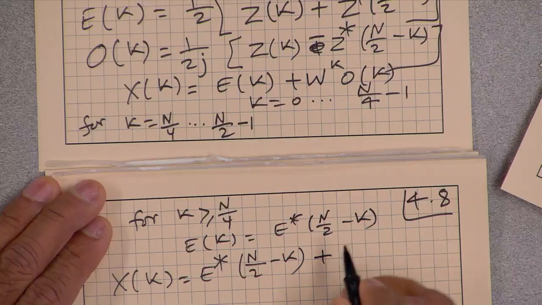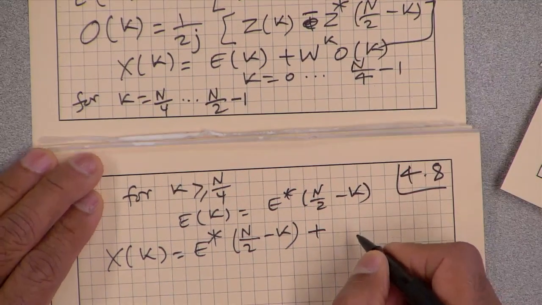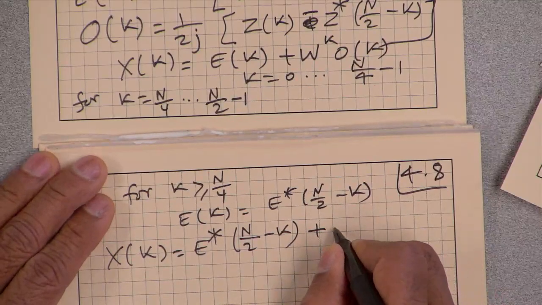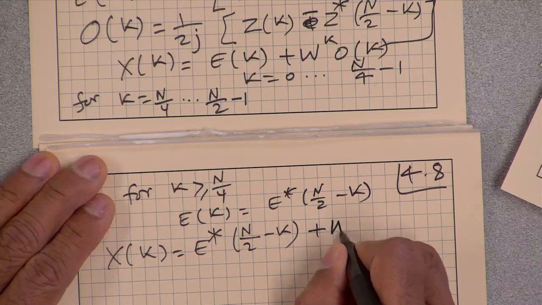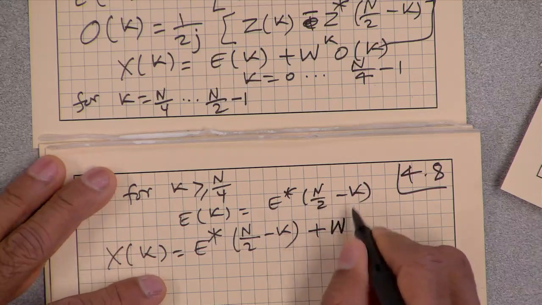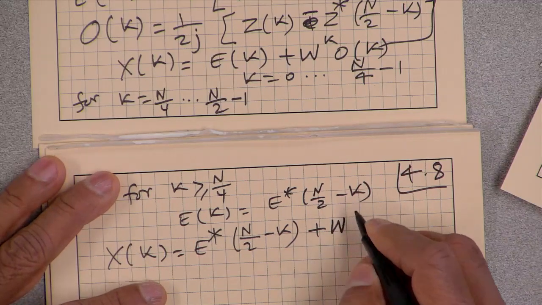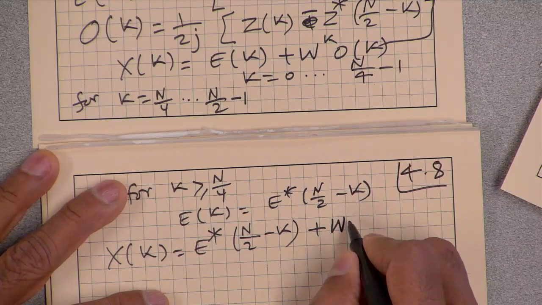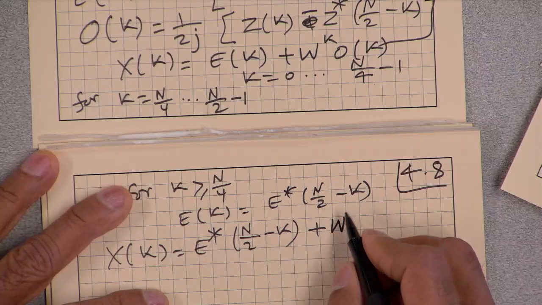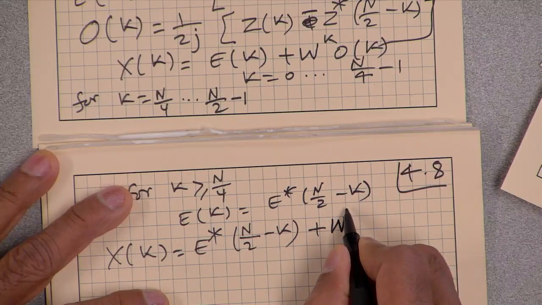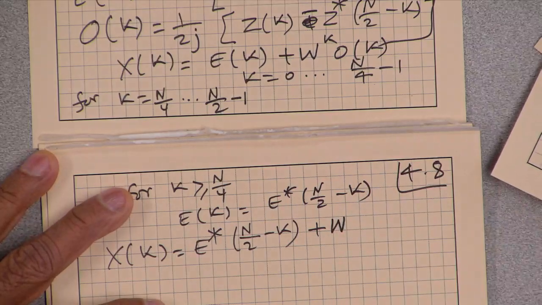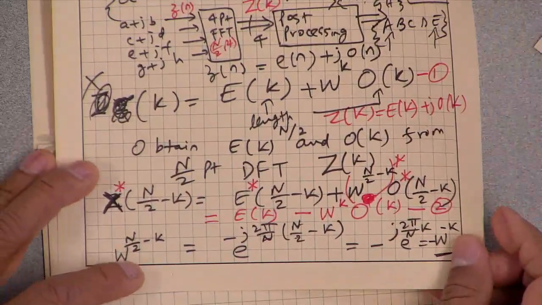plus W to the power k, and we need to express that as something so that quantity is greater than n by 4. Okay, so let me just go back to the work that we have done.